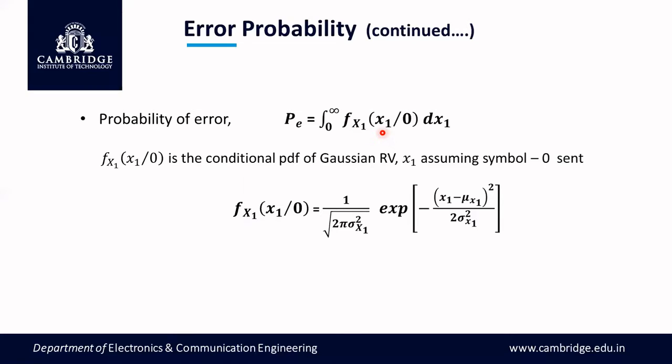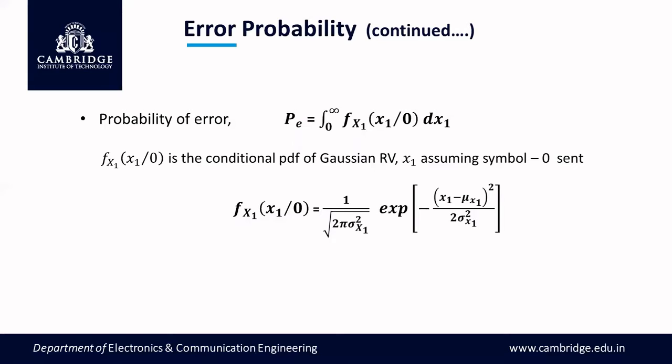The conditional notation indicates that we have assumed symbol 0 is sent, and its probability density function is given by this one. After integrating this from 0 to infinity, we'll get the probability of error. Why 0 to infinity? Because the decision boundary is at 0. From that 0, we go to one complete region. There are two regions in the signal space, and one region is the erroneous region. So we have to integrate from 0 to infinity.